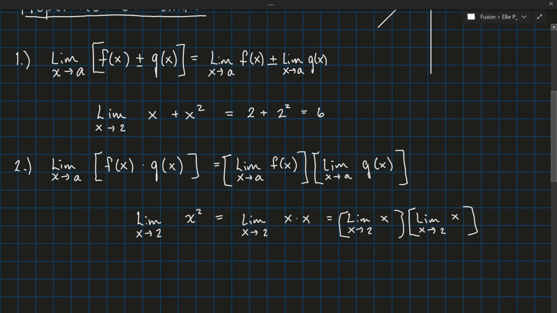And the limit of each of those is 2, so the limit of both of them is 4, which is what we saw here, that the limit of that one individually was 4. Any questions so far? Okay.